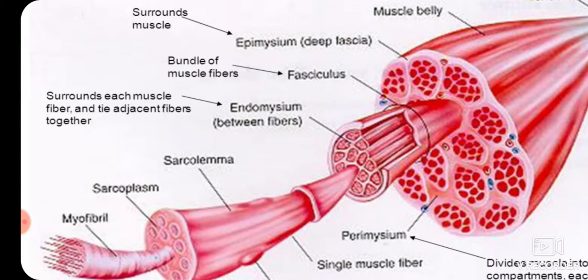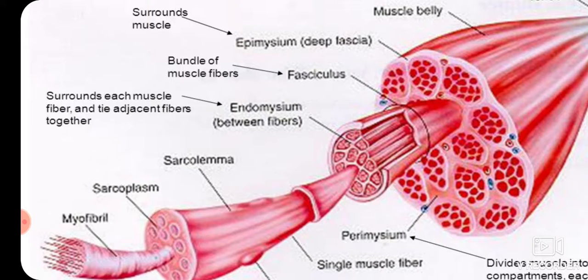The outer covering of the muscle is the fascia, which extends into three layers: epimysium, perimysium and endomysium. The endomysium is present between the muscle fibers, surrounds each muscle fiber and ties adjacent muscle fibers together.